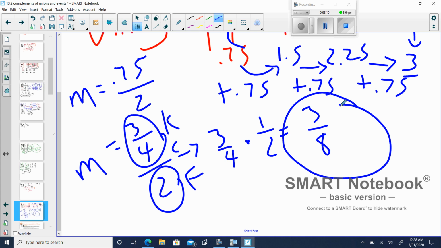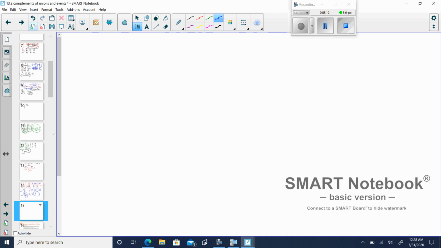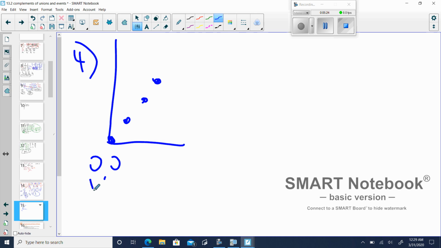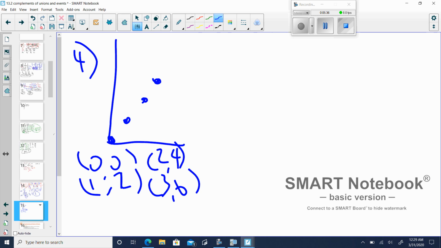All right, now 4, 5, and 6, same idea, but they're giving us graphs now. All right, so it certainly looks in 4 like we have a linear relationship, right? Because we have 0, 0, 1, 2, 2, 4, 3, 6.